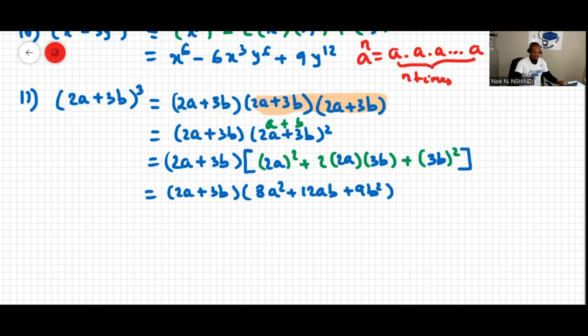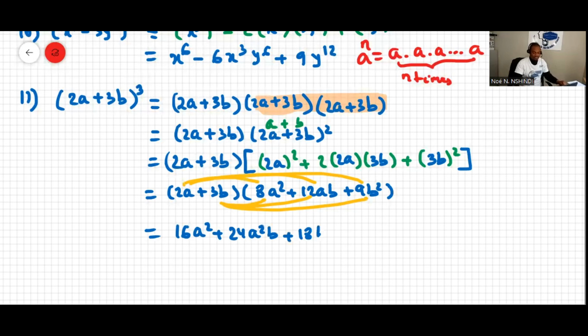Now we can multiply 2a with each of those, and 3b with each of those. 2a times 8a squared makes 16a cubed. 2a times 12ab makes 24a squared b. 2a times 9b squared will make 18ab squared.